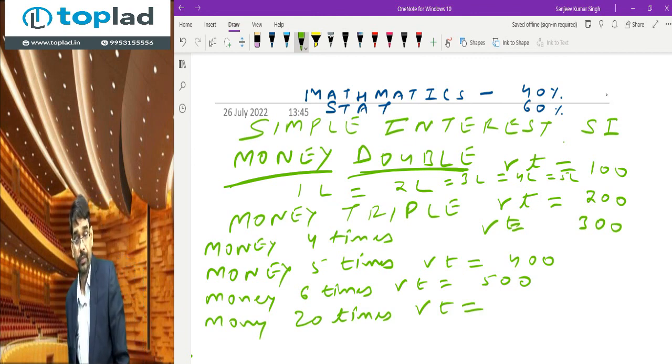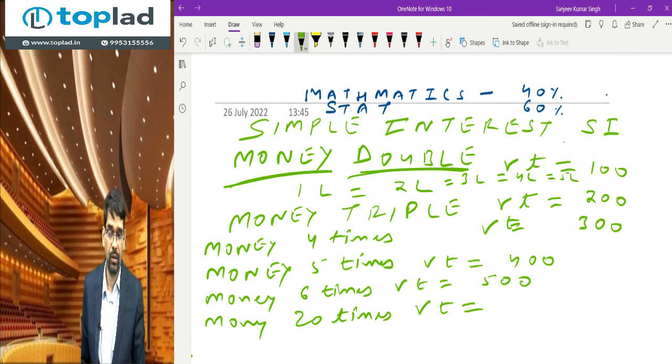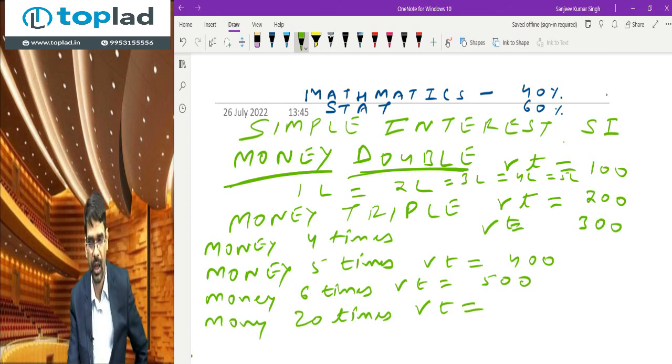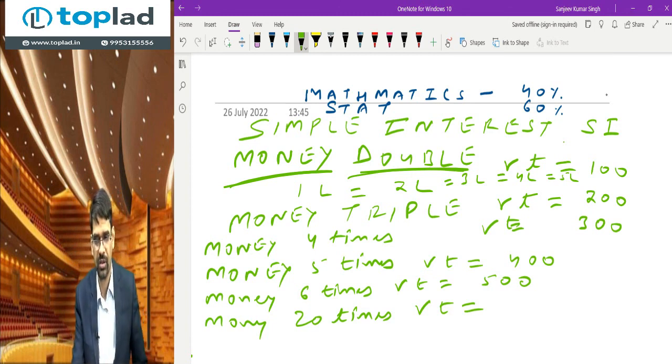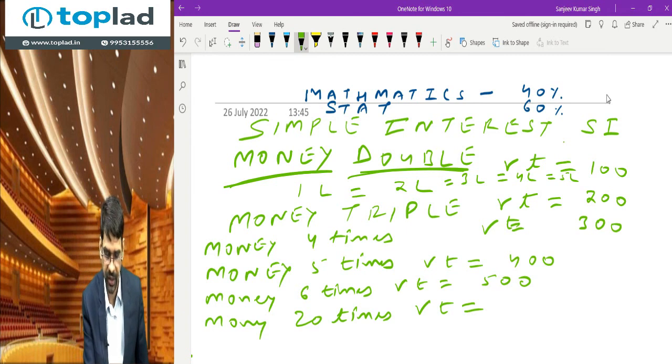What is the formula for money 20 times? Very, very important tricks. Money 20 times, formula is RT is equal to 1900.